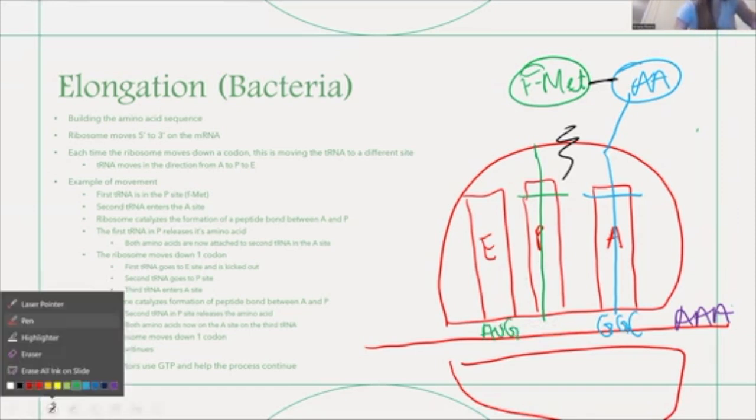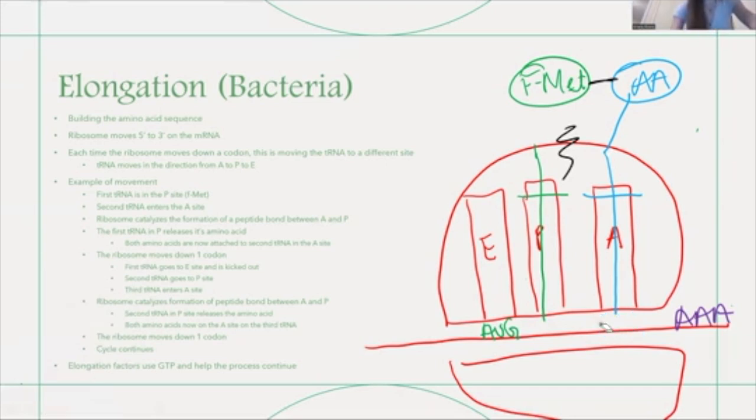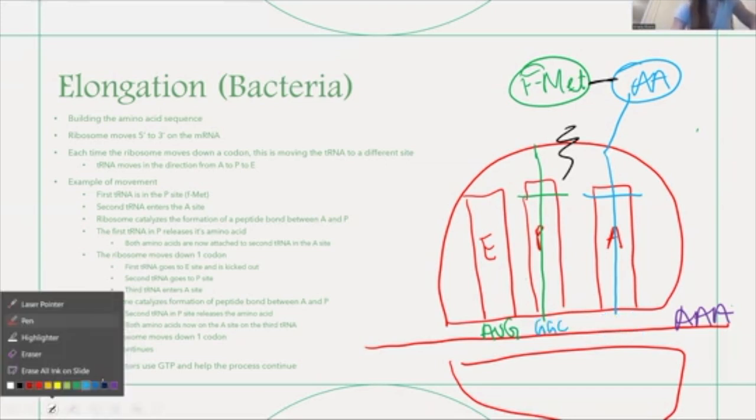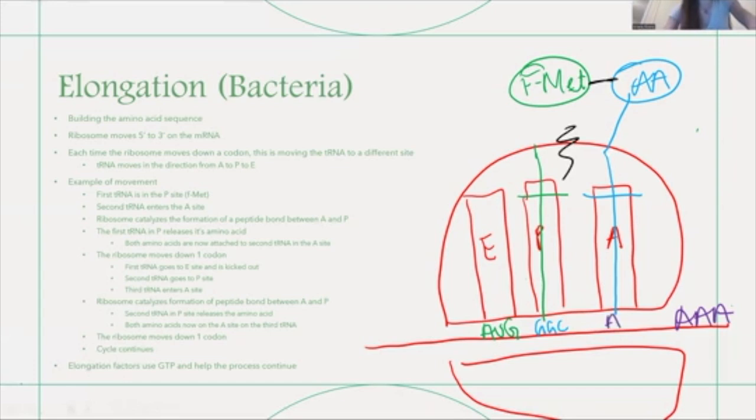My GGC is going to move over 1 to be in the middle. And then my AAA is going to move over 1 to now be in the A site. And remember that your tRNA is going to move with your codons.